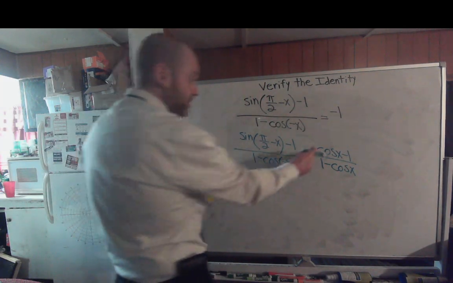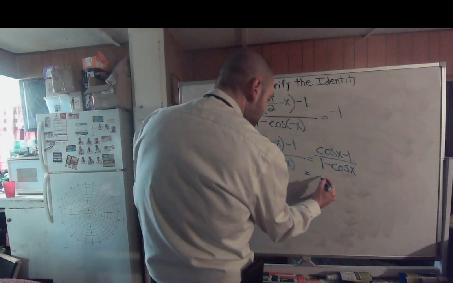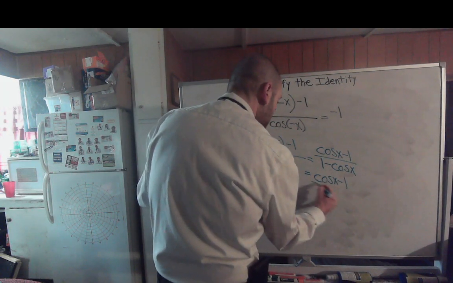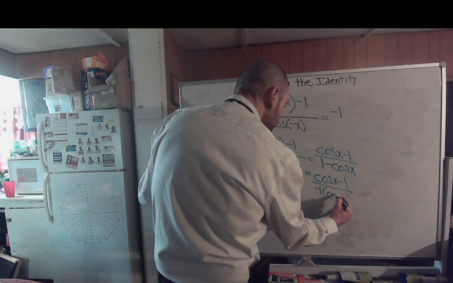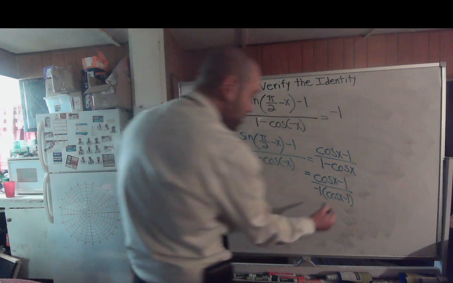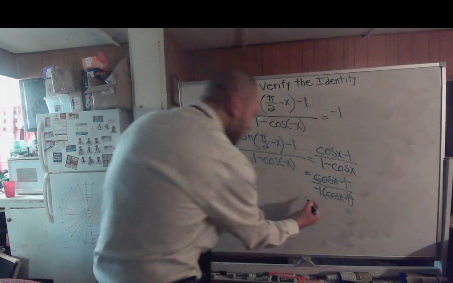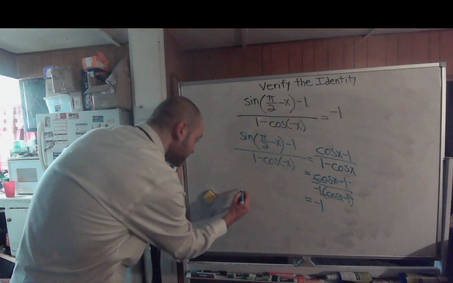Now, these look very similar. In fact, in the denominator, we can factor out a negative 1. So you would get the cosine of x minus 1 all over negative 1 times the cosine of x minus 1. And what do you know? You can cancel out cosine of x minus 1 from the numerator and denominator. It just gives you negative 1.